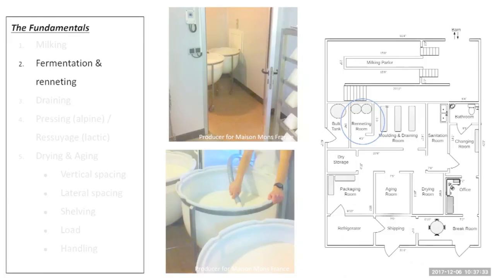And then it will be moving through the renneting room into the draining room, where the curd is ladled into molds. And from there, the molds drain and then are subject to drying before then moved to an aging room. They're then packaged, moved into a refrigerator, and shipped out.